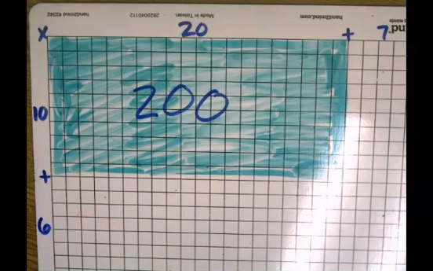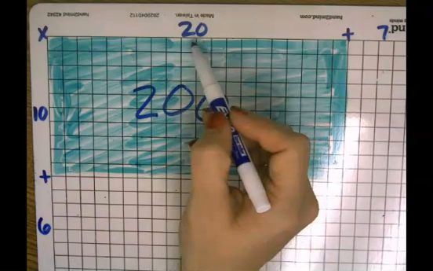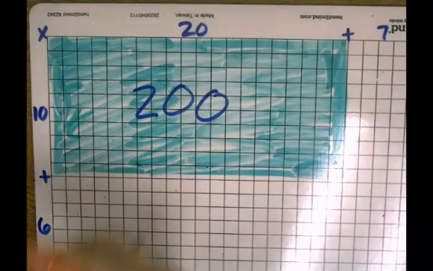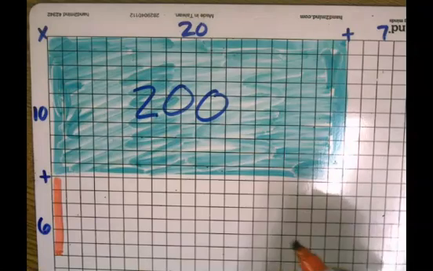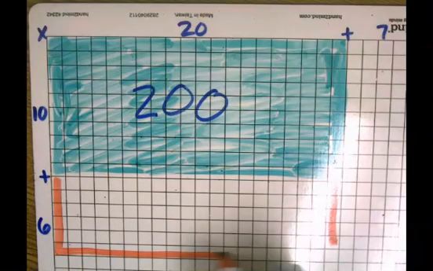Now my next step is going to be 6 times 20. 6 times 20, let's see, 1, 2, 3, 4, 5, 6. Oh, and it's also 20 long.